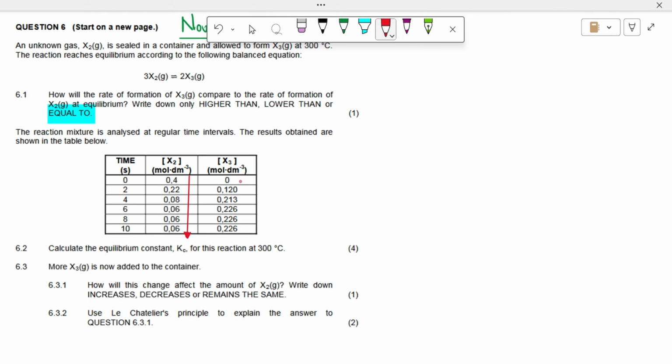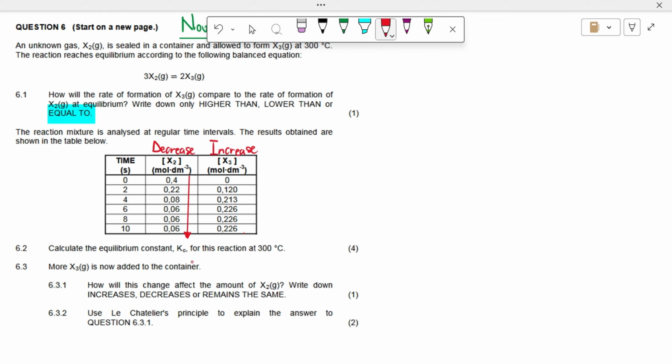And then they say the amount of X3 is from 0 to 2.6, so this concentration is actually increasing. For this one, the concentration is decreasing, and this one, the concentration is increasing, which only makes sense. I mean, you are using the reactants to form the product, so this will then increase.